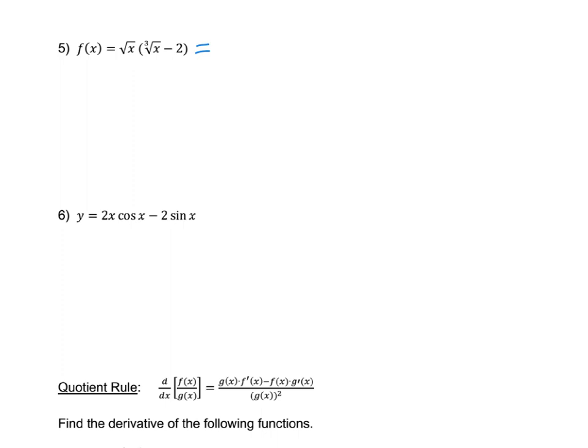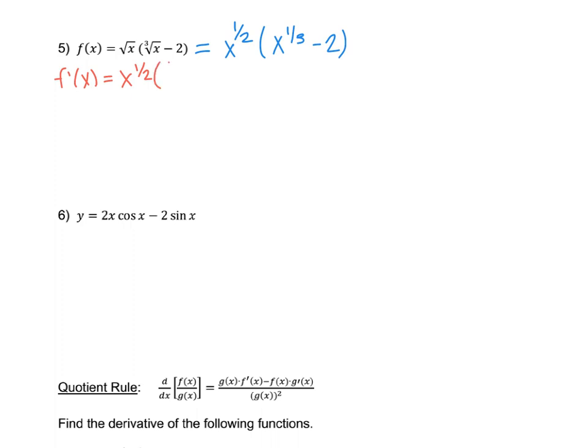So meaning instead of square root x, I would write x to the 1/2 times x to the 1/3 minus 2, because now we can apply the power rule in the process of using product rule. All right, so applying the product rule here, the derivative of f would be the first function, x to the 1/2, times the derivative of the second function.